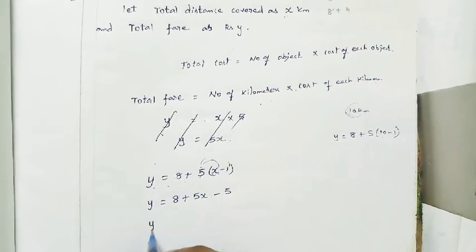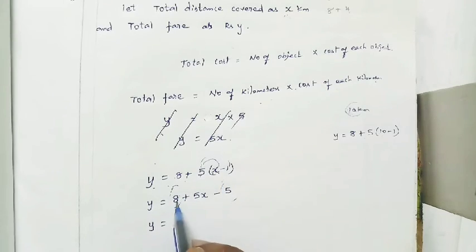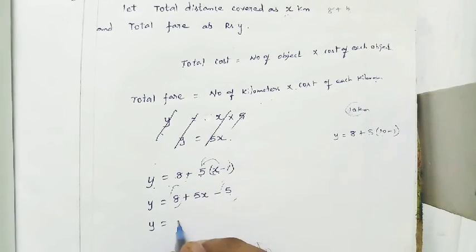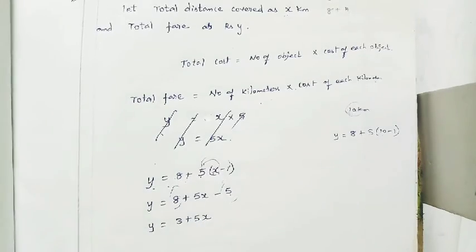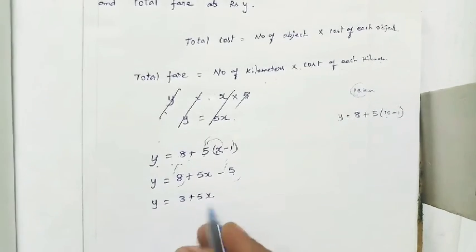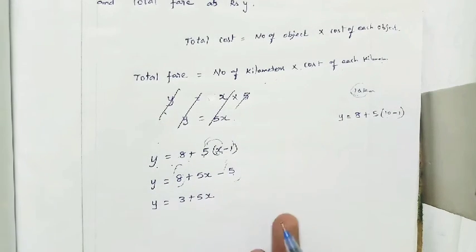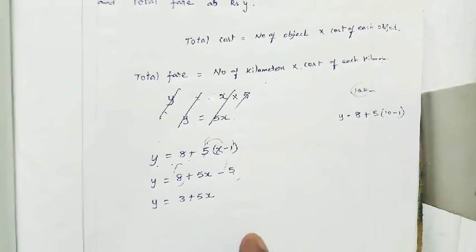Here 8 and 5 are constants. 8 minus 5 is 3. So y is equal to 3 plus 5x. You can keep this as it is. Otherwise, if you want to bring the x term to the LHS, you can, no problem. If you want to keep this equation as it is, you can, no problem.